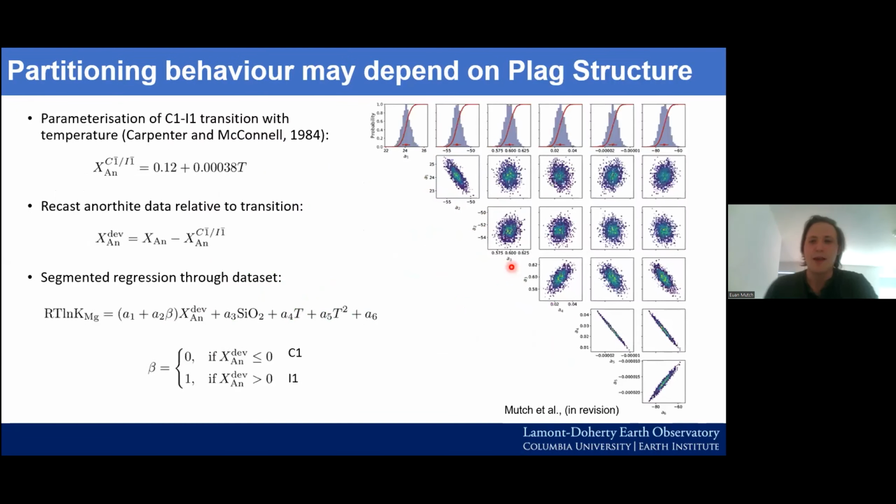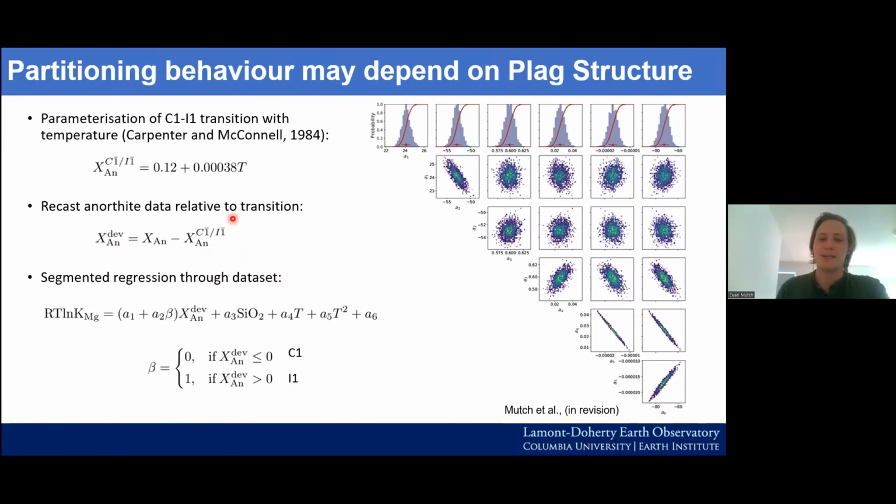So the way we developed this empirical model is, first of all, we had to parameterize the C1 bar, I1 bar transition with temperature, based on this Carpenter and McConnell parameterization. We then recast all of the data in our data set relative to this. We calculated this parameter called X anorthite deviation.